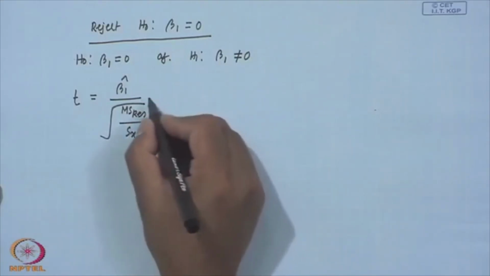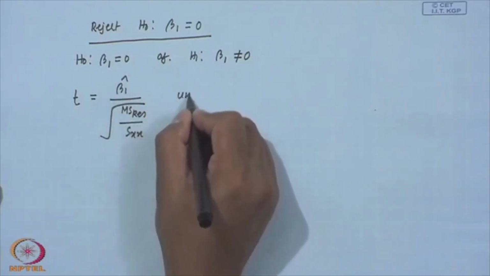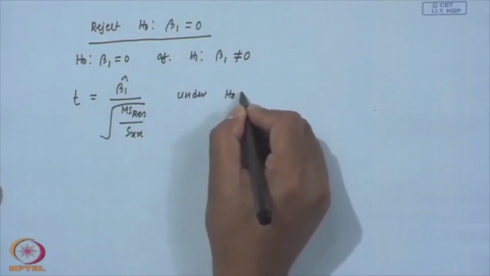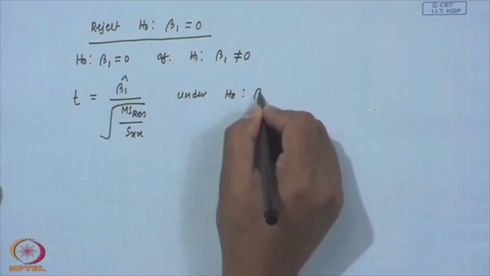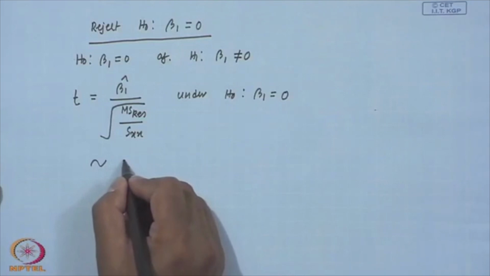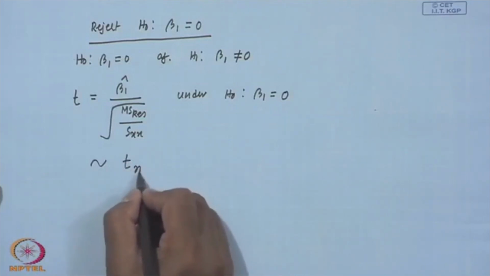So, this is the t statistic under the null hypothesis that beta 1 is equal to 0, and this follows t distribution with degree of freedom n minus 2.